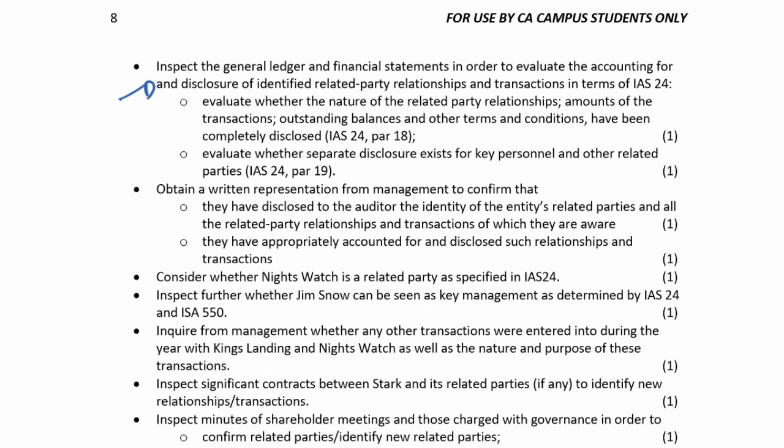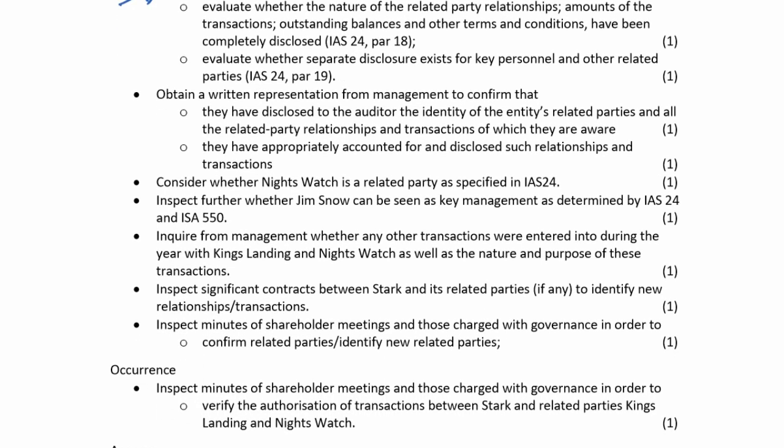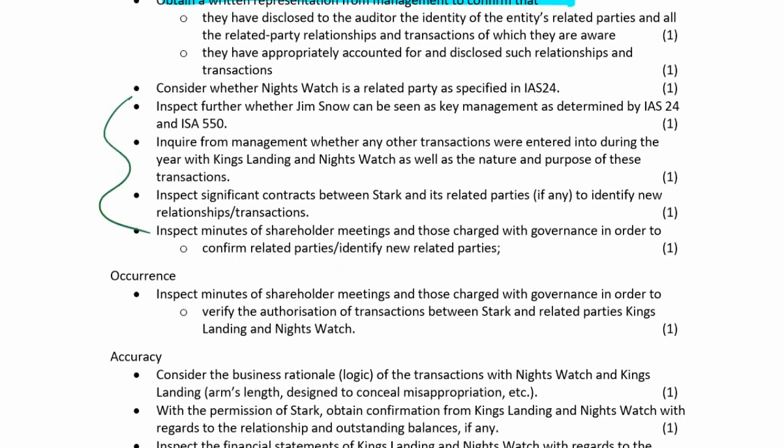Making sure that they have been disclosed and accounted for according to IFRS. Getting a management rep letter, so we didn't do that or discuss that, but very important for all three assertions. It's a general procedure. You can include your general procedures when doing my substantive procedures here for the related parties. Okay, and then these are just some more of the documents we can look at to identify.